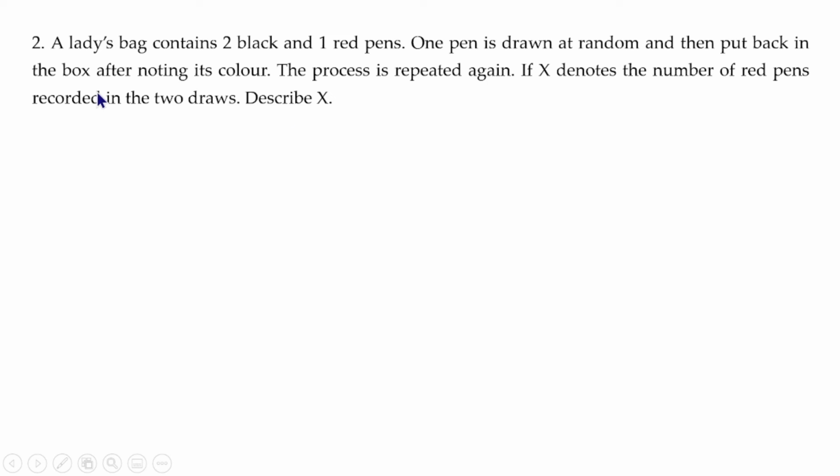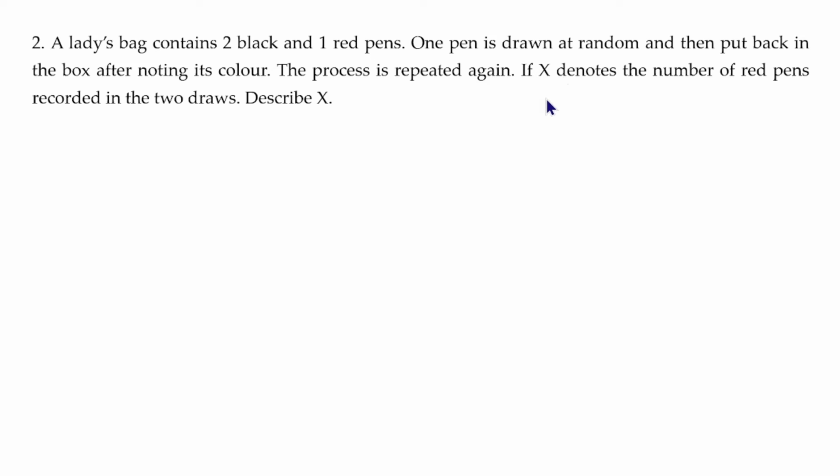So in this question, it is given a lady's bag contains 2 black and 1 red pens. And it is also given one pen is drawn at random and then it is put back in the box after noting its color, and this process is repeated again.